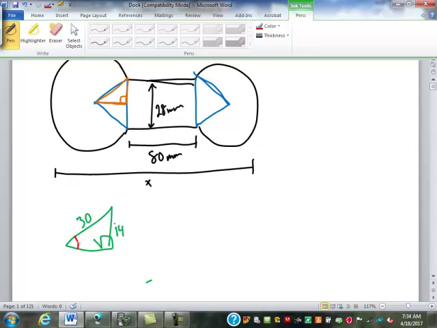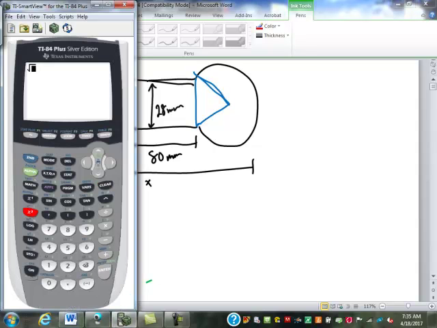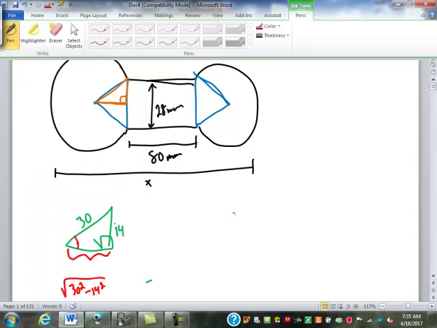So we need to find this angle, and we need to find the length of this side. To find the length of the side is just going to be the square root of 30 squared minus 14 squared, which gives us 26.533.